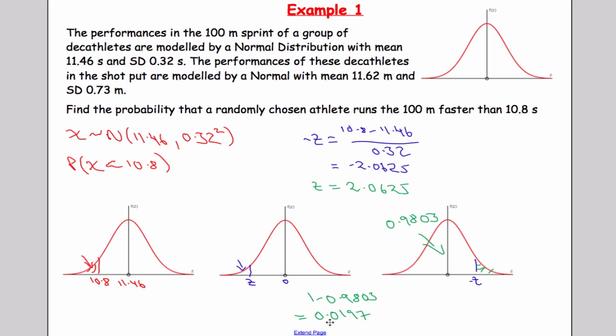This value that we've worked out corresponds to this shaded region, and that shaded region has the same area as this shaded region here, so that means that the probability is 0.0197.